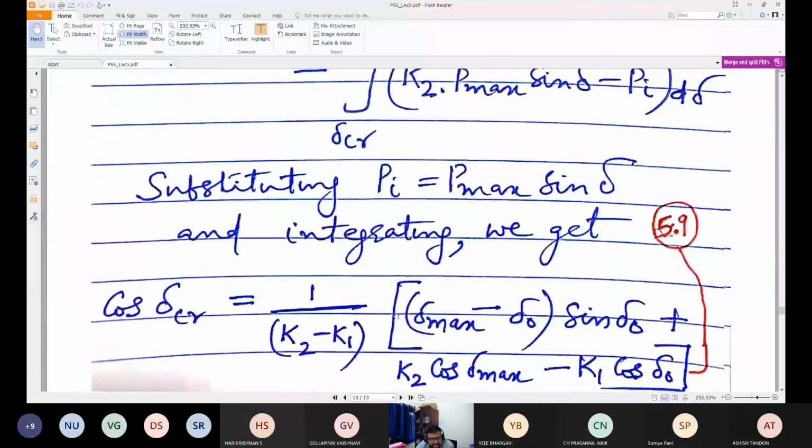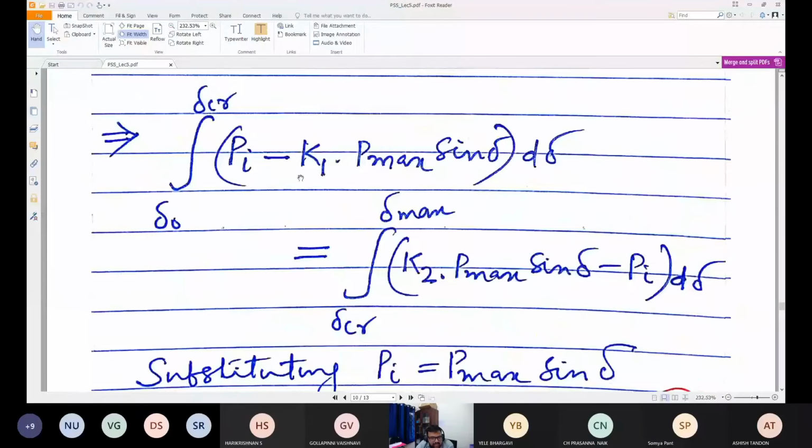When we substitute that and simplify, that means we have already substituted for B and C with respect to K1 and K2. Now for Pi we are going to substitute P max sine del naught.